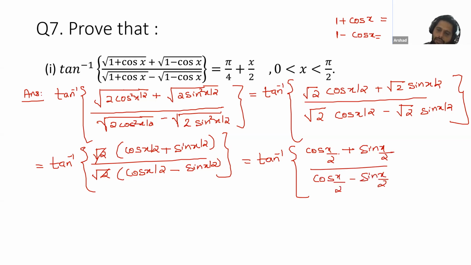Now the next question is from Josefa. Josefa, can you tell me that in place of this complete expression, cos x by 2 plus sin x by 2 by cos x by 2 minus sin x by 2, how we will get an expression in terms of tan? Can you tell me, Josefa?